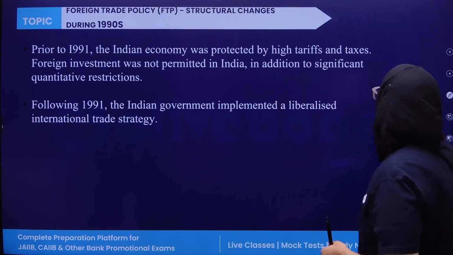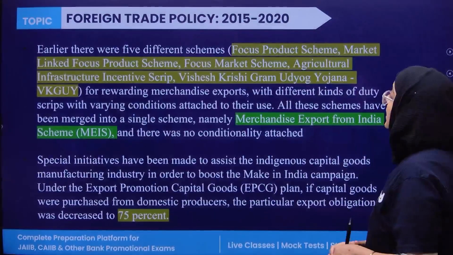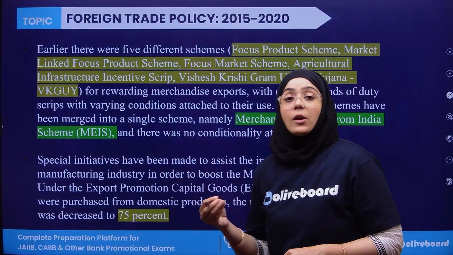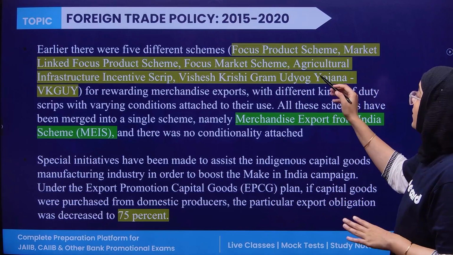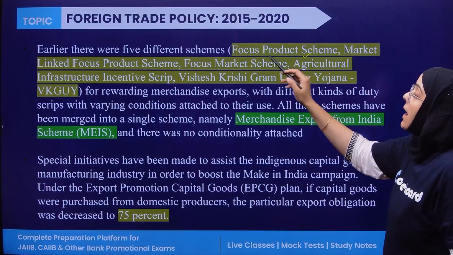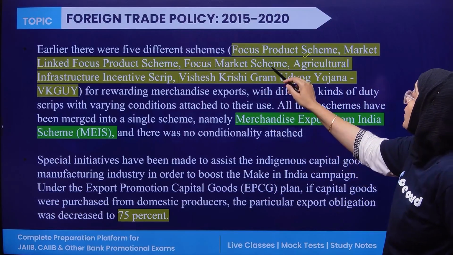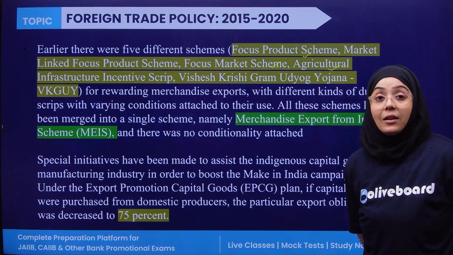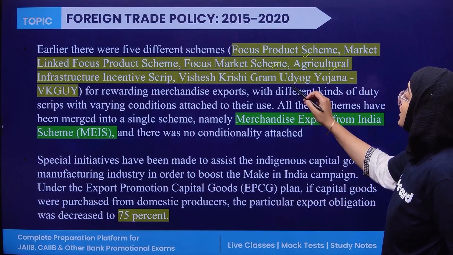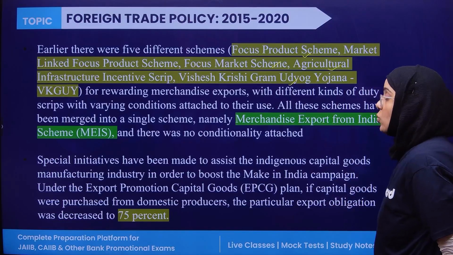Now, next thing, when we are talking about the foreign trade policy, earlier there were five different schemes: focus product scheme, market linked focus product scheme, focus market scheme, agriculture infrastructure incentive scheme, Vishesh Krishi Gram Udyog Yojana.